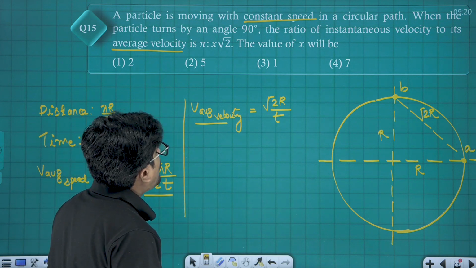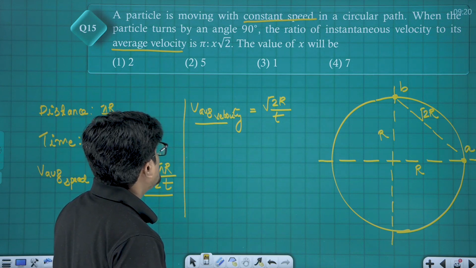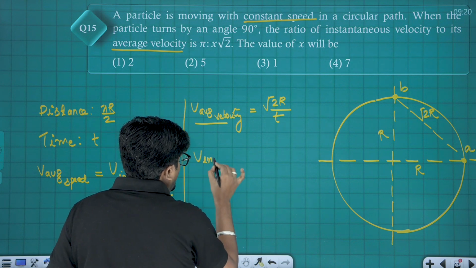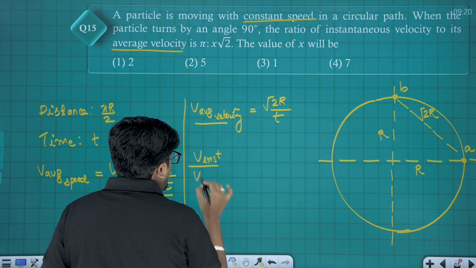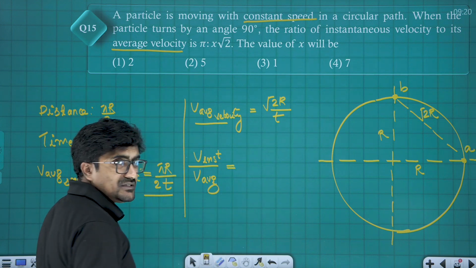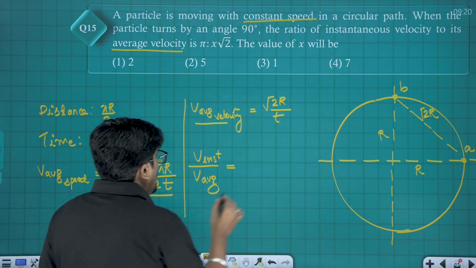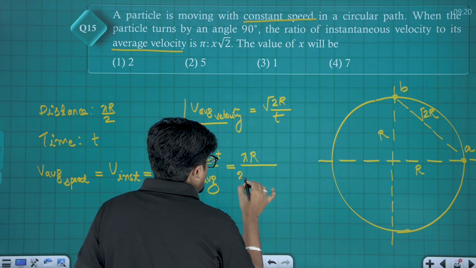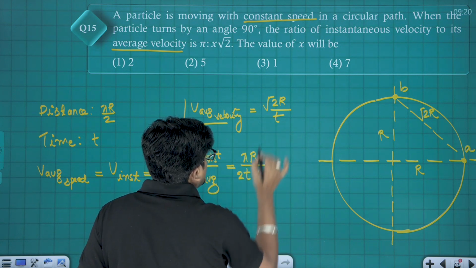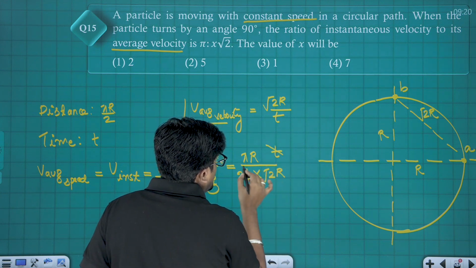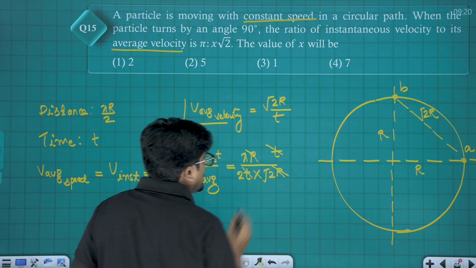We need the ratio of instantaneous velocity to average velocity. So V instantaneous upon V average is going to be pi r divided by 2 times t into, here this is under root 2 times r upon t. T and t will cancel, r and r will cancel.